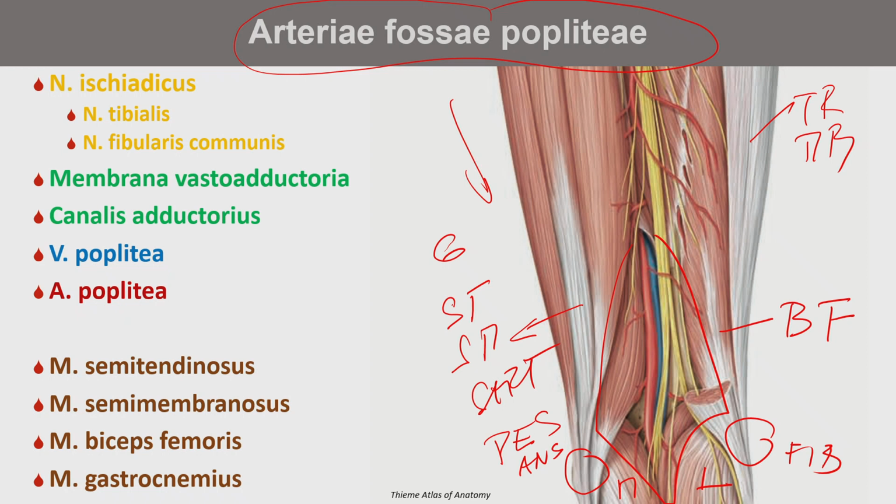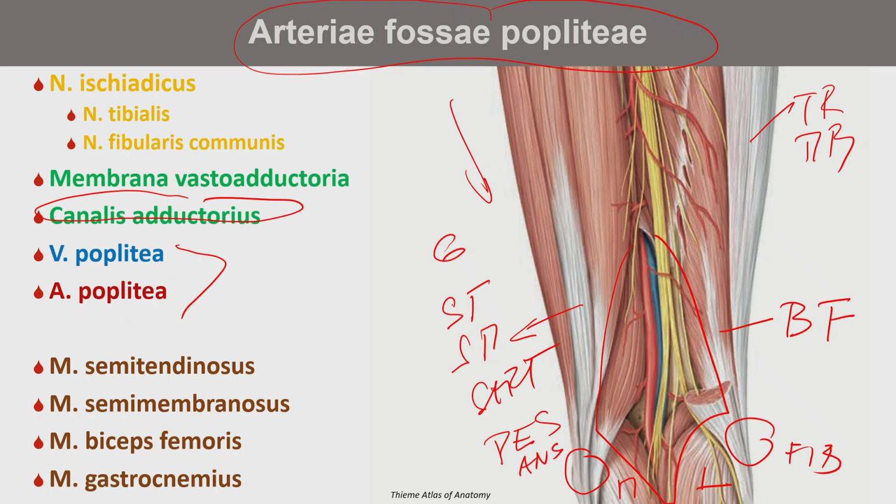Through the membrane and hiatus adductorius, from canalis adductorius, the popliteal artery and popliteal vein are going outside, because they are followings of the superficial femoral artery.